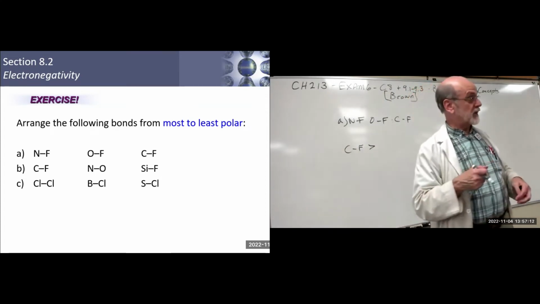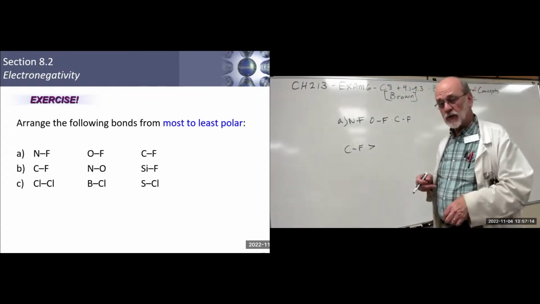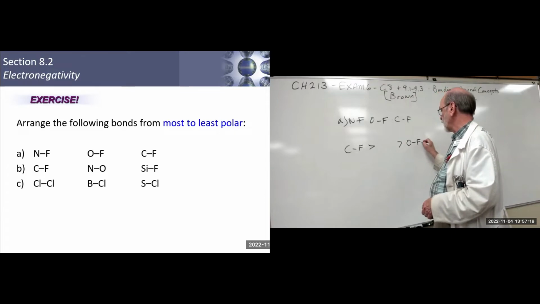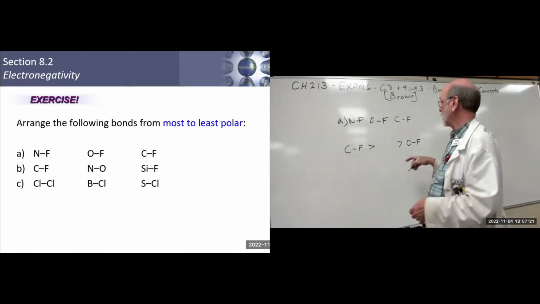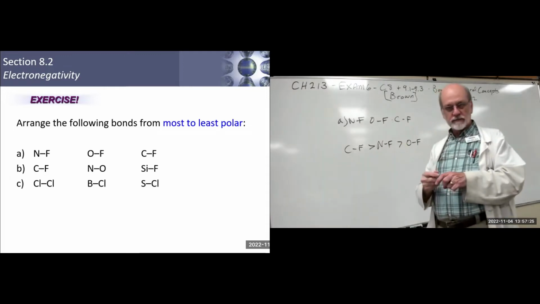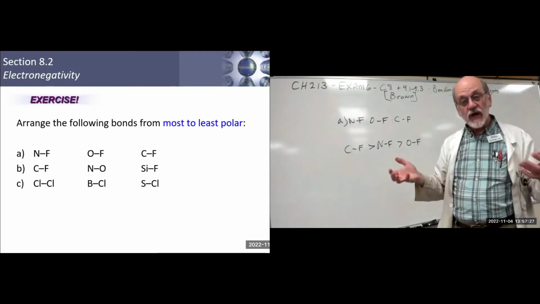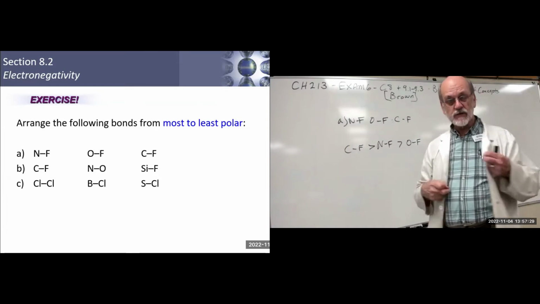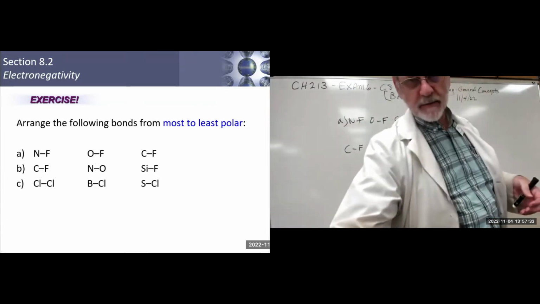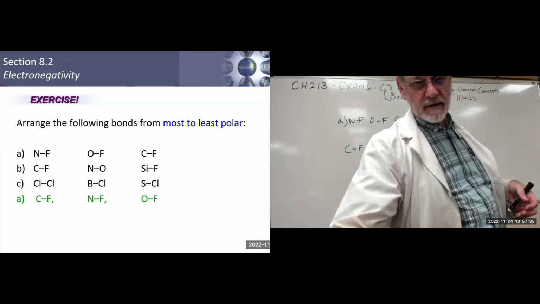The closest to fluorine is oxygen, right? So oxygen-fluorine is the least polar. And what do we have left over? Nitrogen. So that's the order. And we don't even have to know the electronegativities to determine that. We just need to know the trend in the periodic table. There we go.